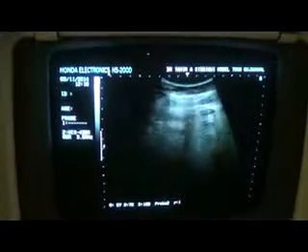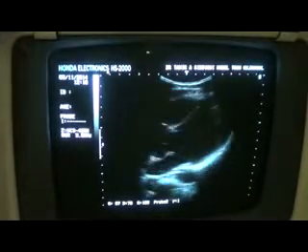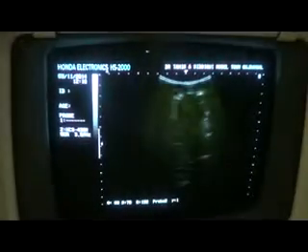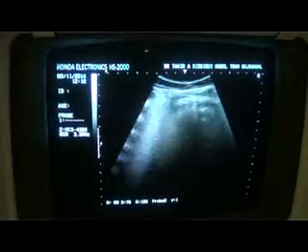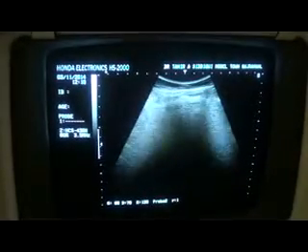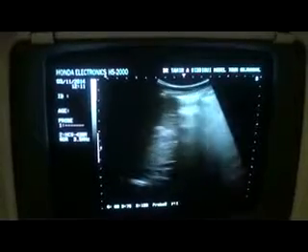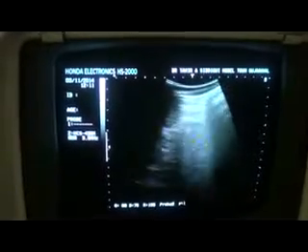Here is the heart, no pericardial fluid. From here it's very difficult to view the structures below, mainly the pancreas and the para-aortic lymph nodes. It's not easy to evaluate in this patient with massive bowel gas shadowing.